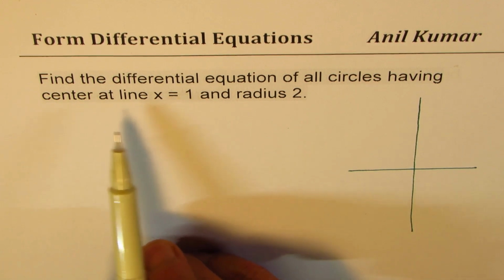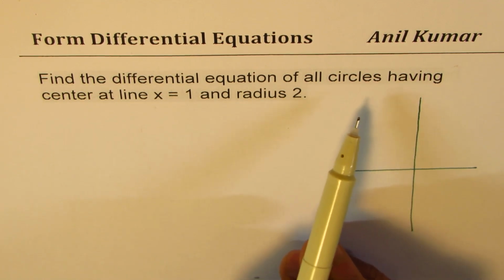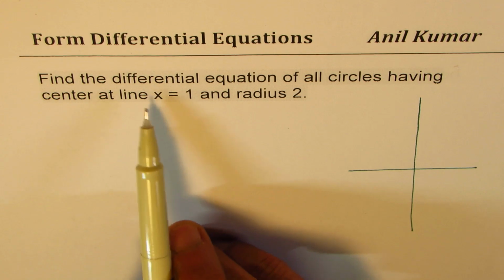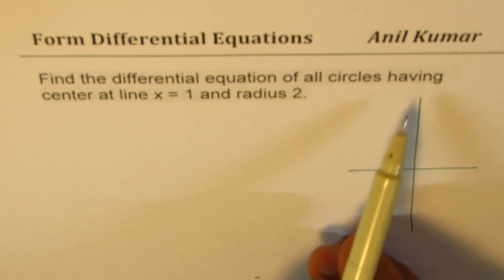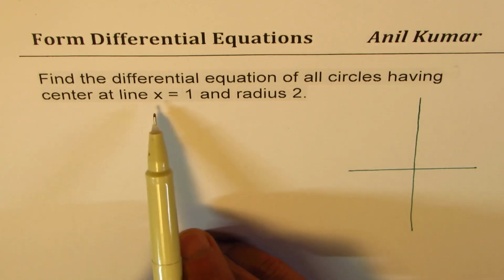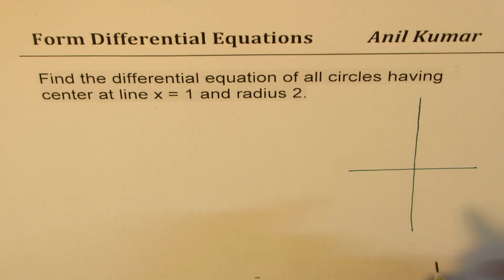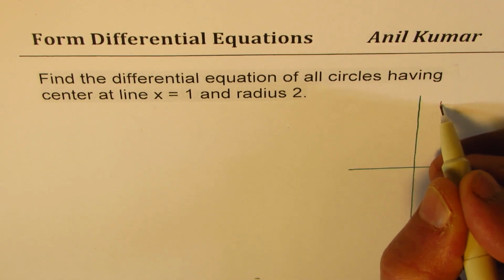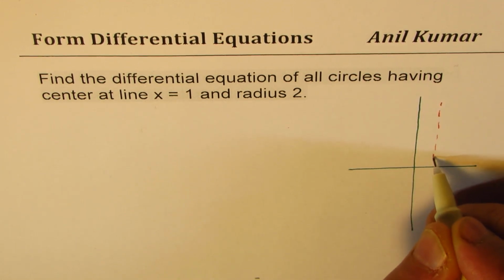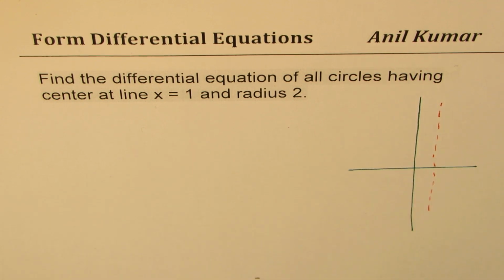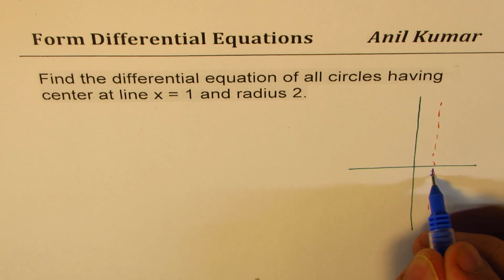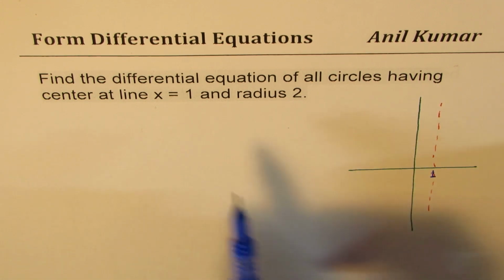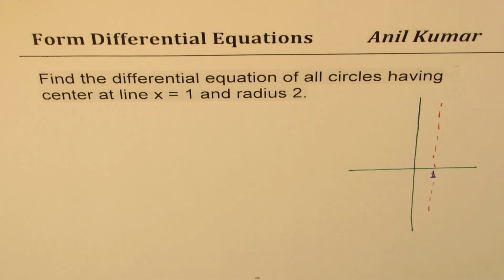So let's see how the circles should look. We need to find the differential equation of all circles having center on the line x equals 1. When we say x equals 1, it is basically a vertical line where the value of x is 1 for all values, right? So this is 1, and it has a radius of 2.